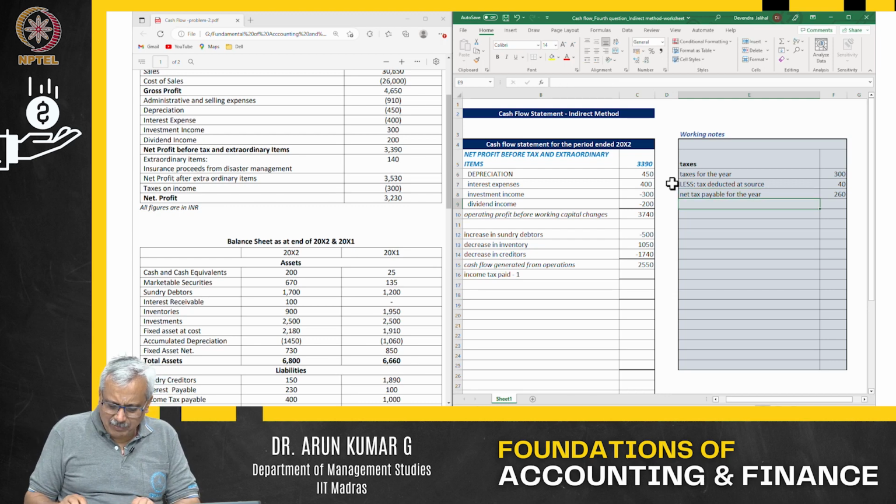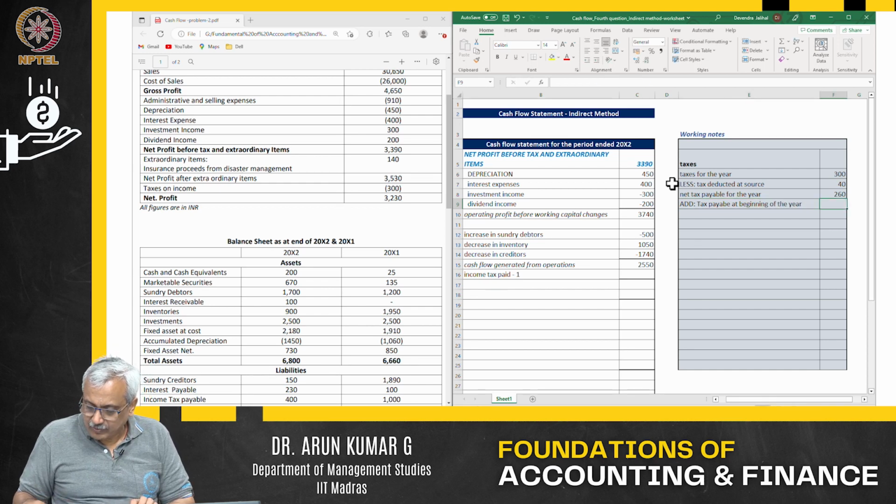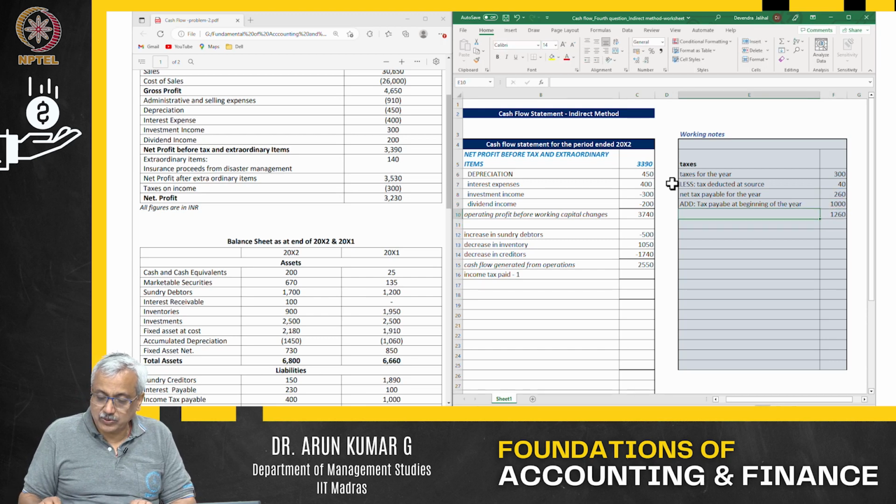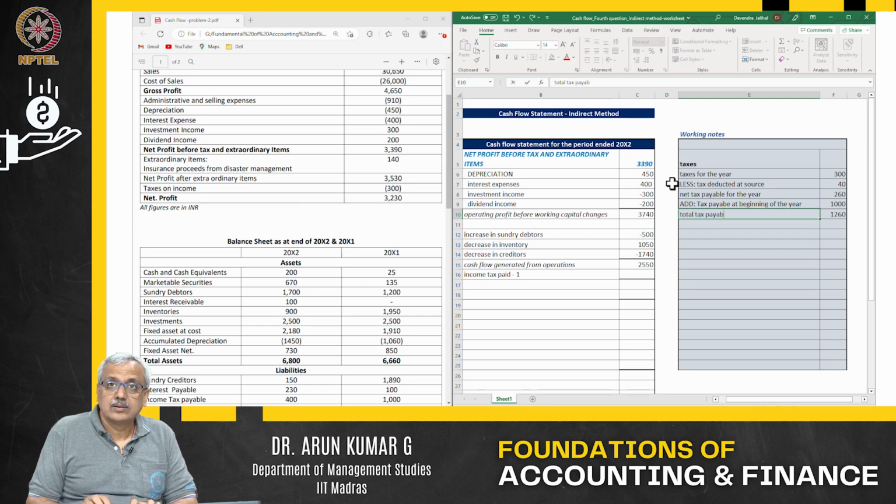What is the tax payable at the end of last year? Tax payable at the beginning of the year is about 1,000. That means total tax payable is 1260. What is due at the end of the year?